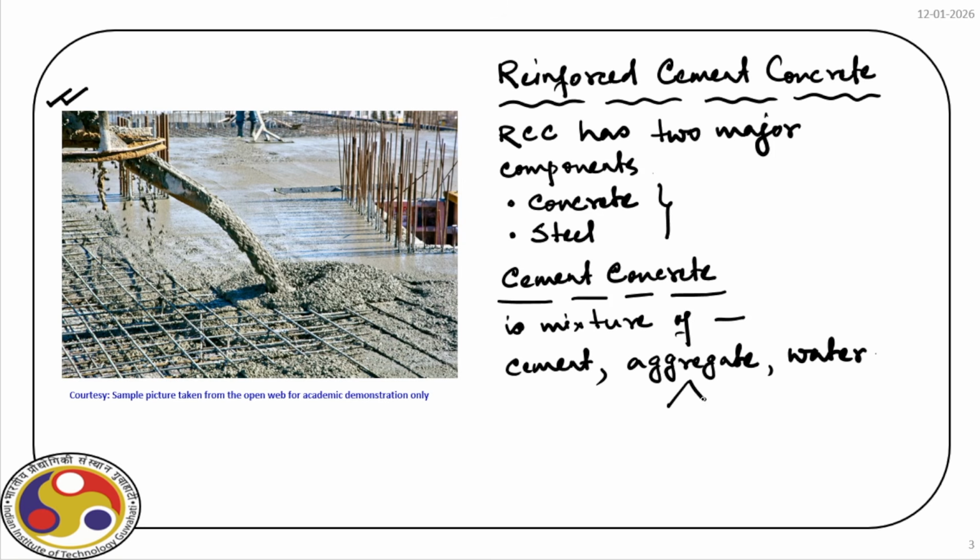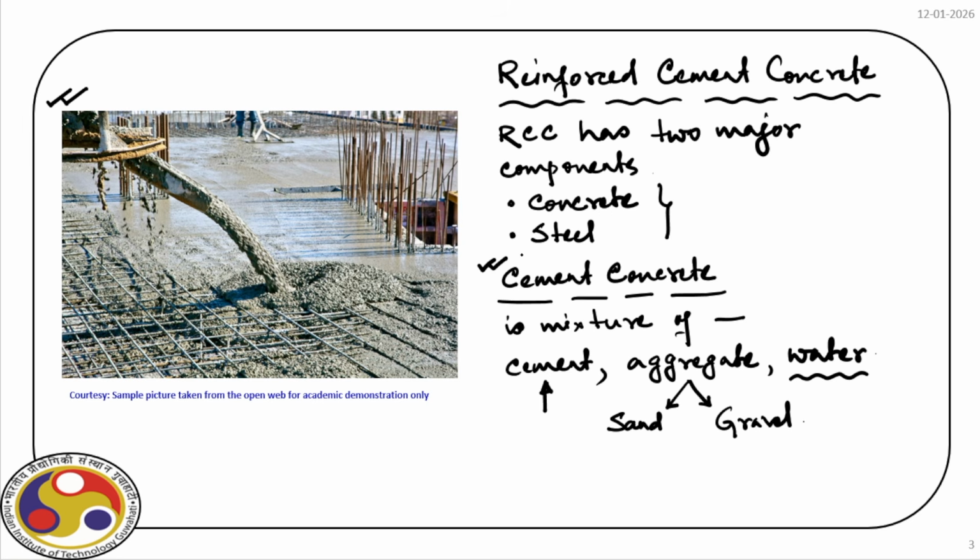Within aggregate, we have two different types of materials used. One is sand and another is gravel. Now, these components are mixed together in certain proportion and then water is added. And the moment water is added, it reacts with the cement and then together they form cement concrete.